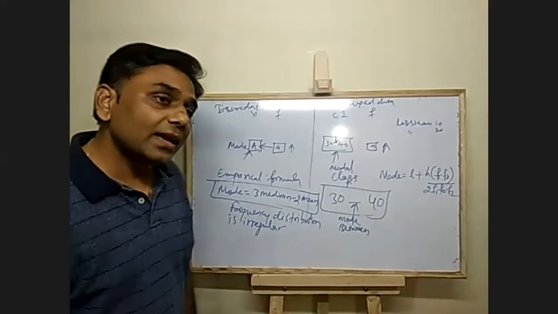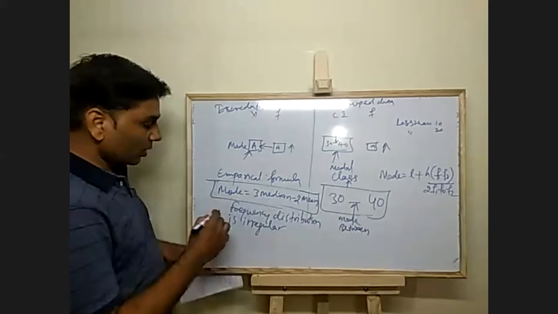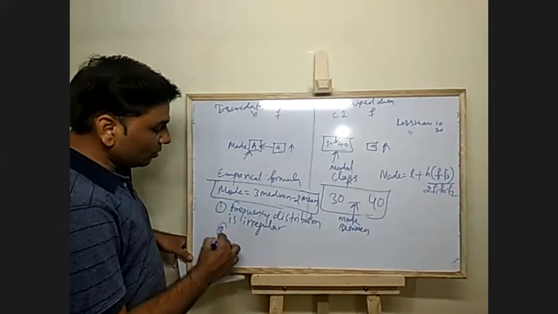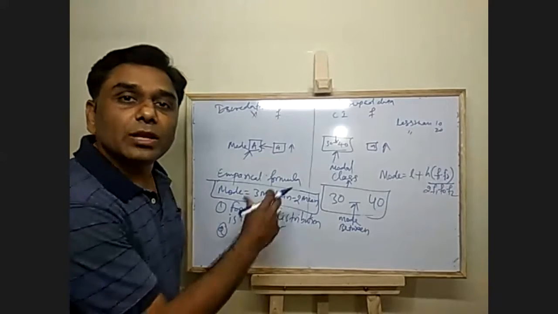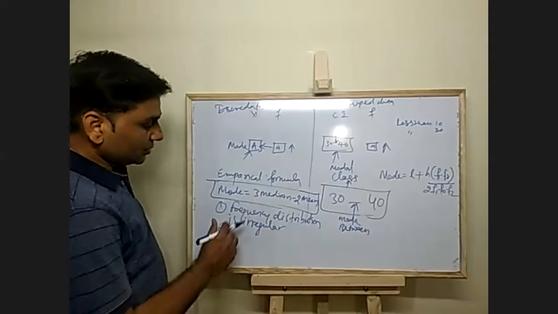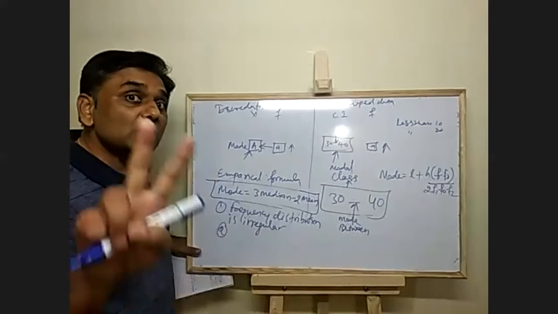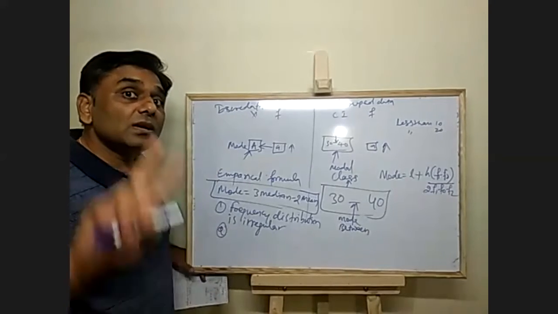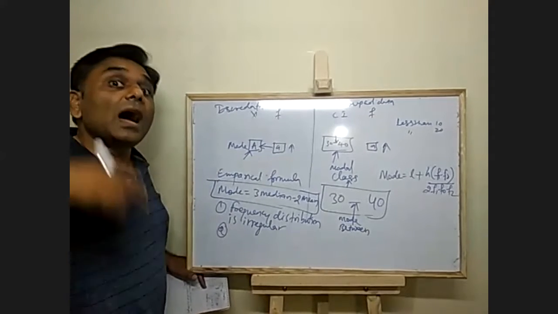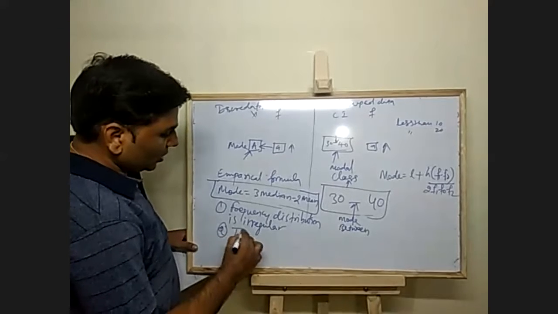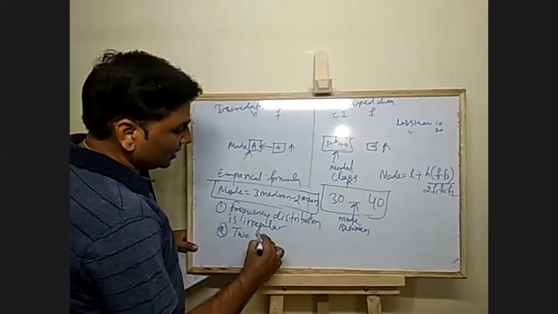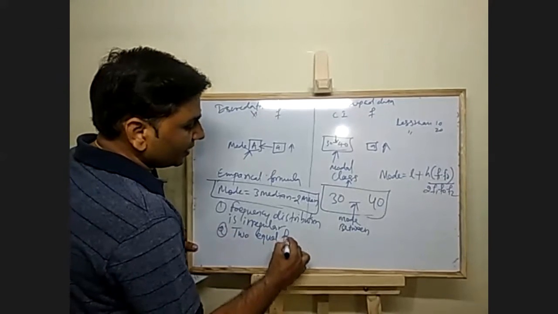In that case, we have to use this formula, or there is one more situation where you can use this. The situation is if there are two equal frequencies which are highest.